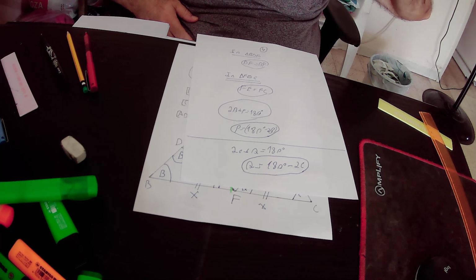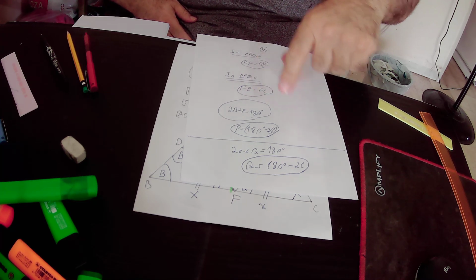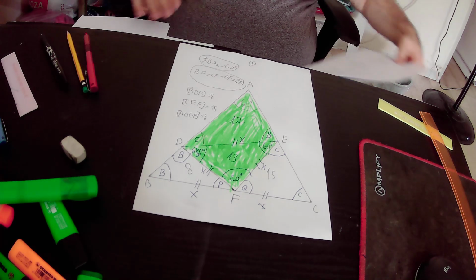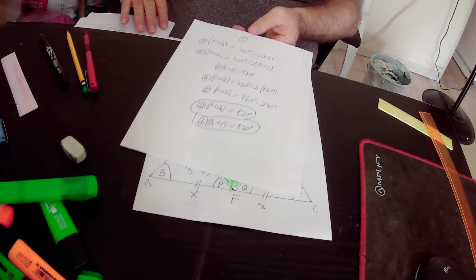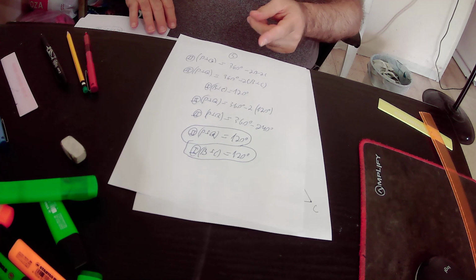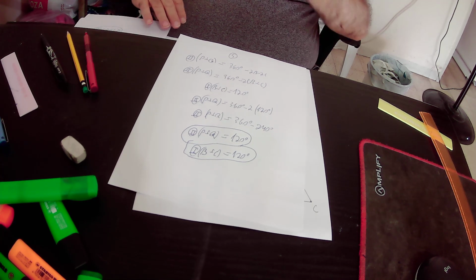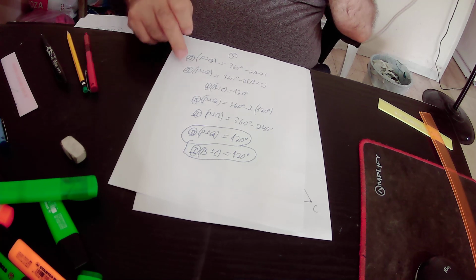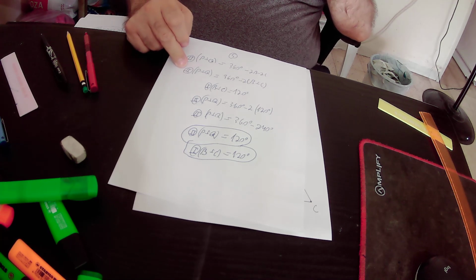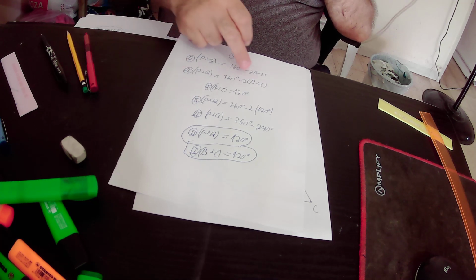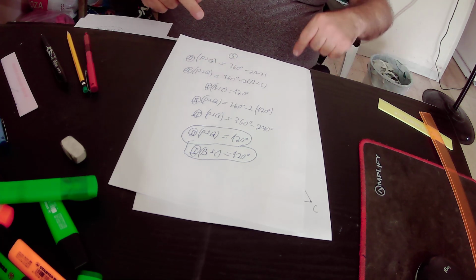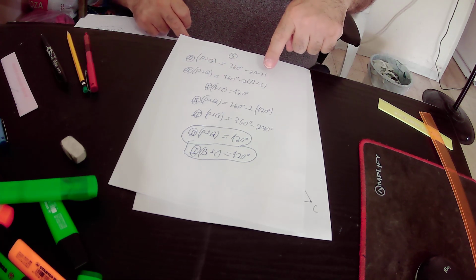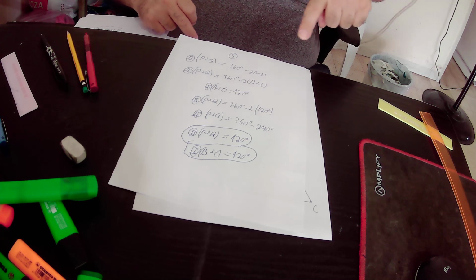Then we added together Q and P, and P plus Q equals 360 degrees minus 2B minus 2C. And then we got this equation number 2, that P plus Q equals 360 degrees minus 2 times (B plus C). And we know that B plus C equals 120 degrees, so we can substitute B plus C in equation number 2 by 120 degrees.